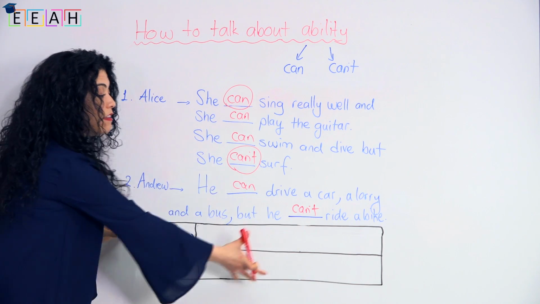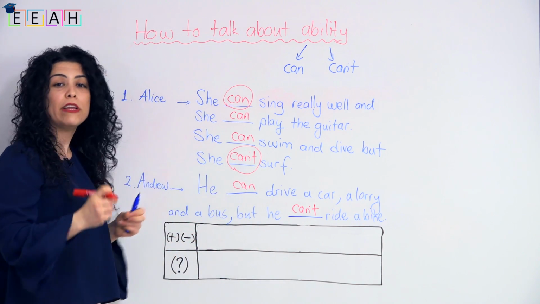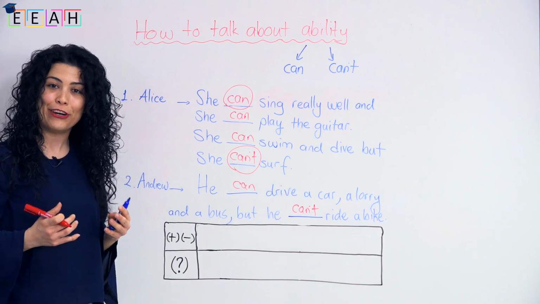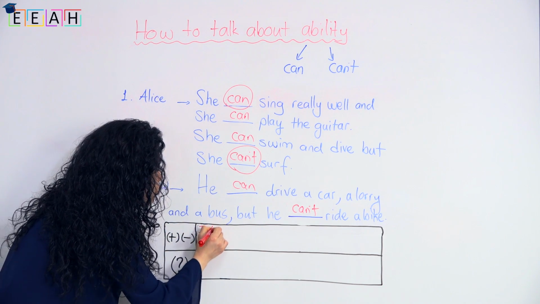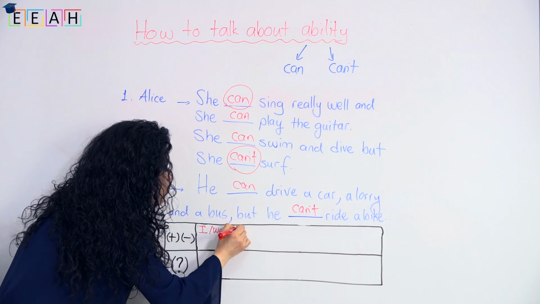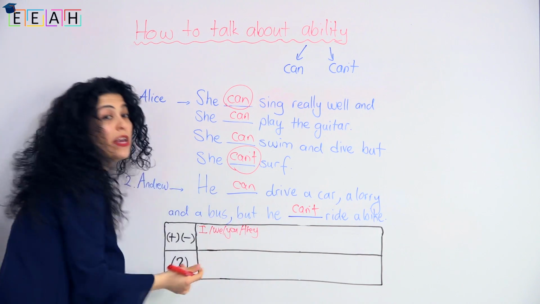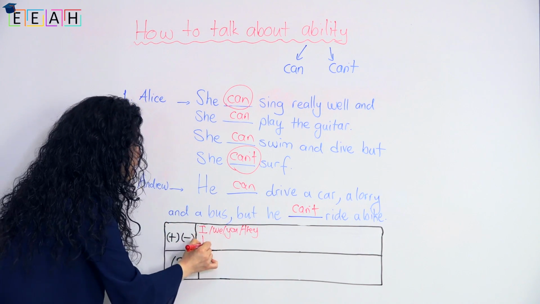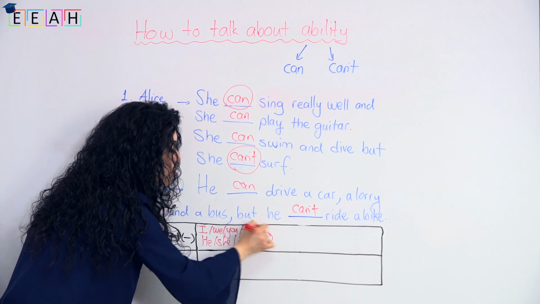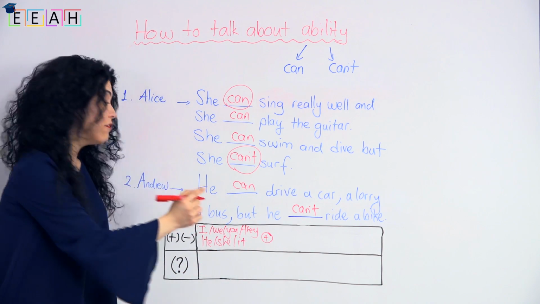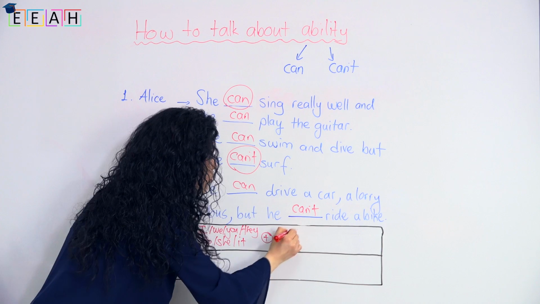So let's fill in this chart. Let's formulate it and make it easier for us. So here we go. We have I, we, you, they, and we have the singular subjects he, she, it. Right after them, we have either can or can't.